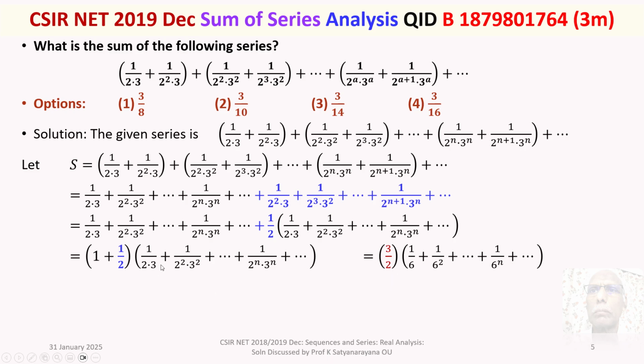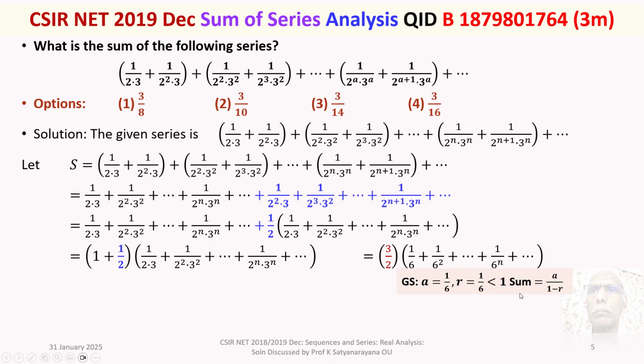3 by 2 into 1 by 2 into 3, that is 1 by 6, plus 1 by 6 square plus 1 by 6 to the power of n plus so on and so forth. What is it? It is a geometric series with the first term a equal to 1 by 6, common ratio r equal to 1 by 6 which is less than 1.